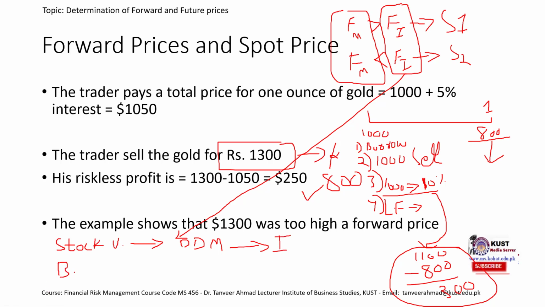And if you remember from your understanding of bond valuation, you use some kind of bond valuation model to find the intrinsic value of that bond. So what essentially we want to do is find the intrinsic value of a forward contract, right, the forward price. And based on that intrinsic value, we can determine whether we need to enter into that contract or not. So the idea is to find the intrinsic value.